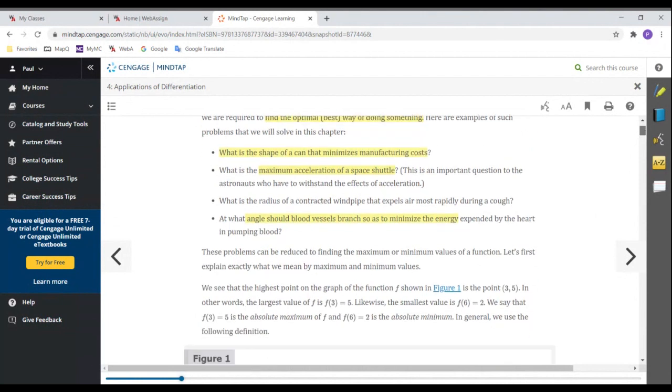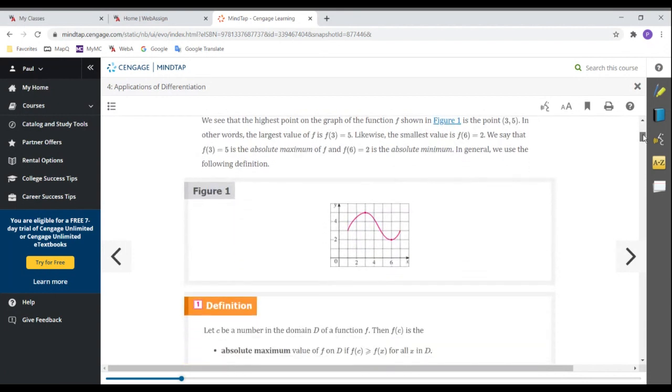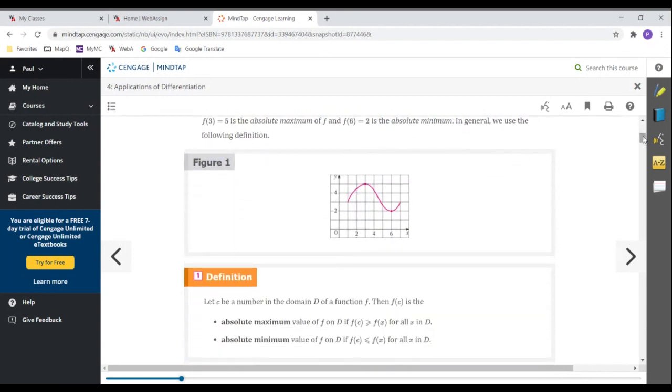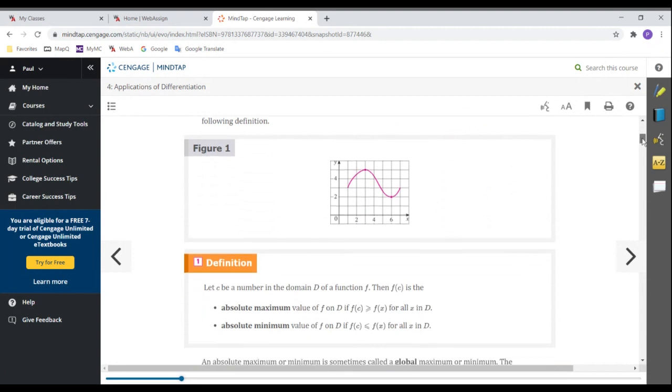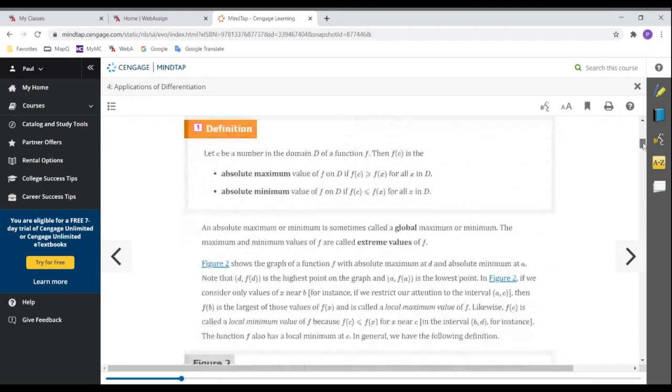And what I want to do is give you a guided tour for the first maybe 4 or 5 examples in the book. We're going to look at some figures, and then we'll do a few problems. So they give definitions of an absolute maximum and an absolute minimum. Don't copy them down.